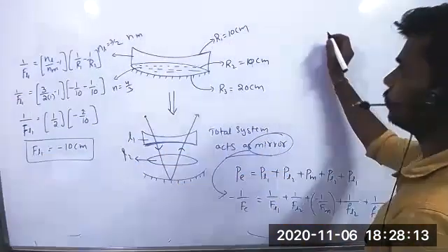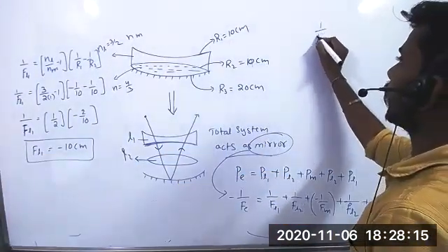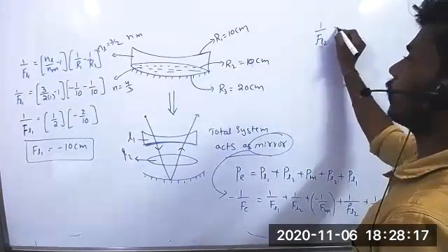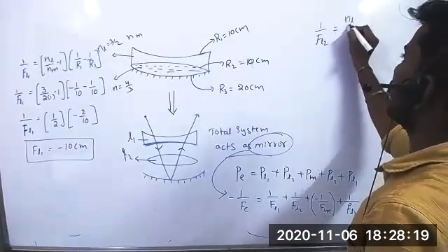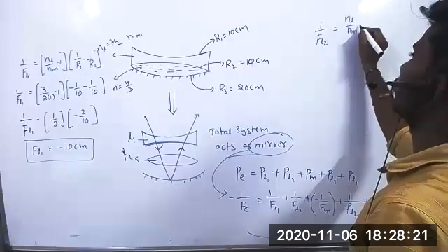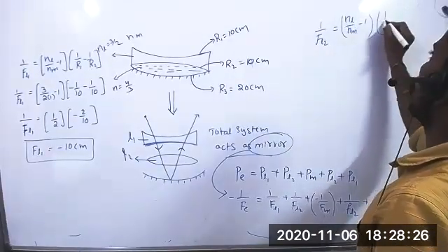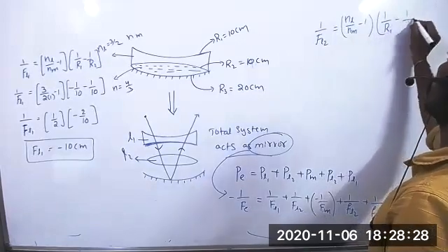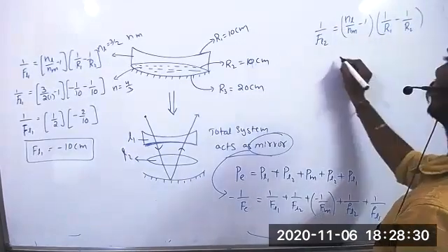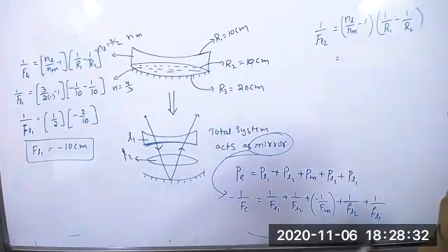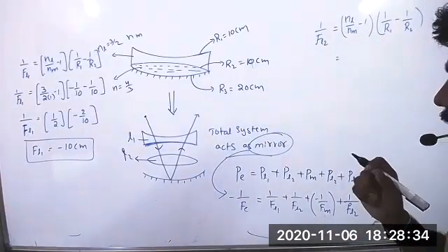Calculate FL2. 1 by FL2 equal to NL by NM minus 1 into 1 by R1 minus 1 by R2. NL how much? 4 by 3.